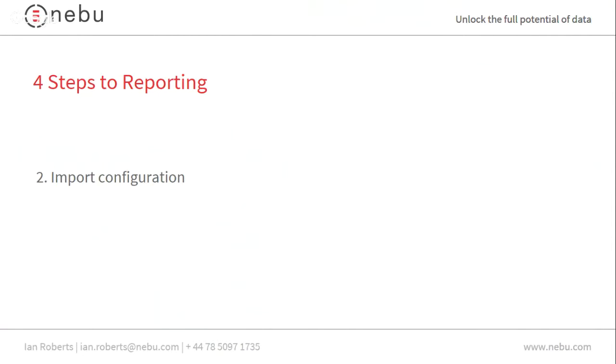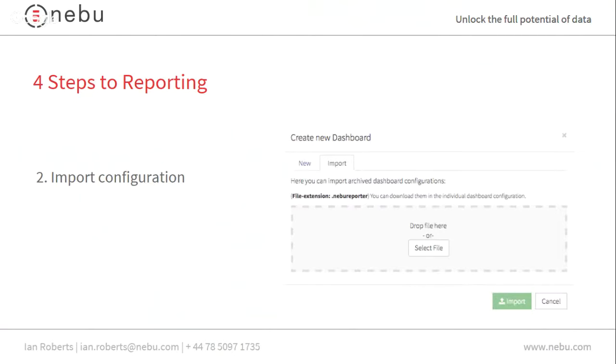You can do this quickly by importing a configuration file. The Nebu Reporter enables you to save any dashboard you've created as a configuration file and load that back in.